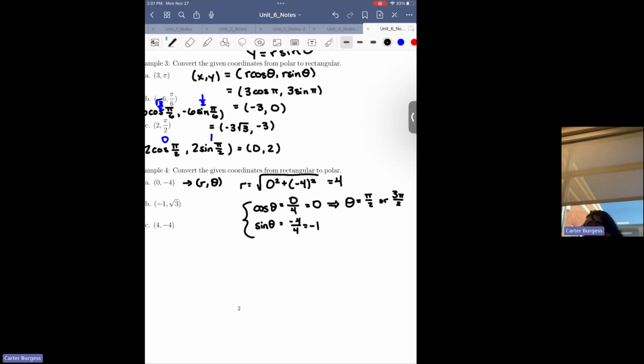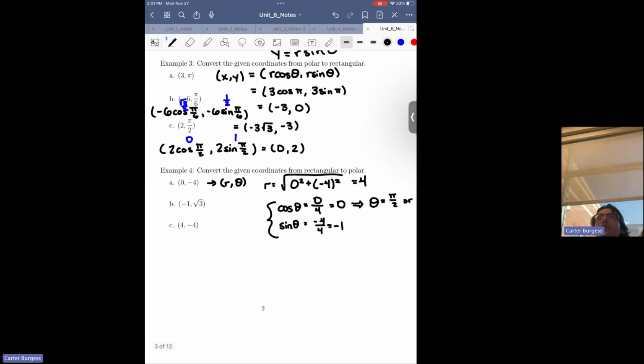This would normally be like looking at what quadrant we're living in. So in particular, 0 and negative 4 lives between quadrants 3 and 4. But for B and C, for instance, we could say, okay, we're looking for a quadrant 2 angle or a quadrant 4 angle or a quadrant 3 angle, and then use that information. That would also be fine.